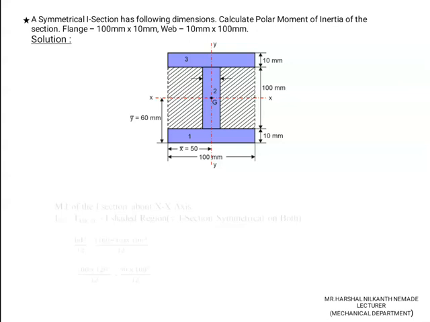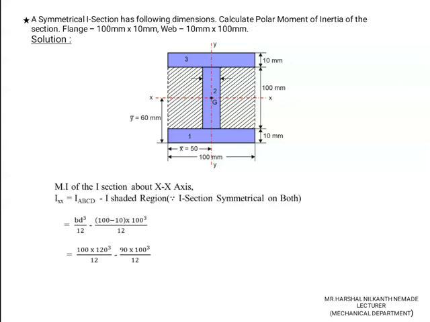As this object is symmetric, the moment of inertia of the I section about the xx axis, Ixx, is given by I ABCD minus I shaded region. Since the I section is symmetric on both sides, I ABCD is given by BD cube divided by 12, and I shaded region is 100 minus 10 multiplied by 100 cube divided by 12.